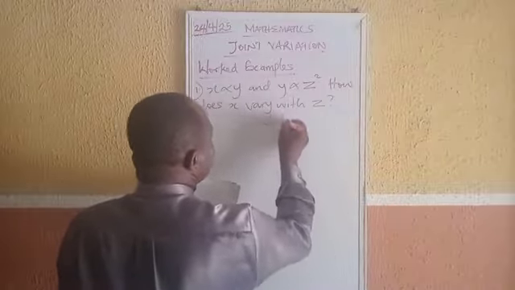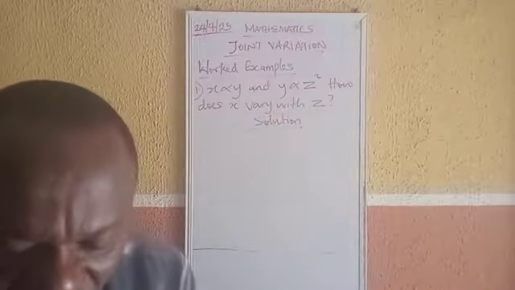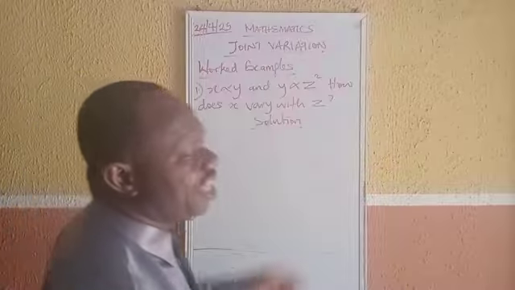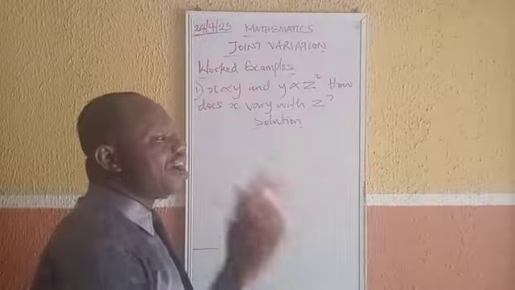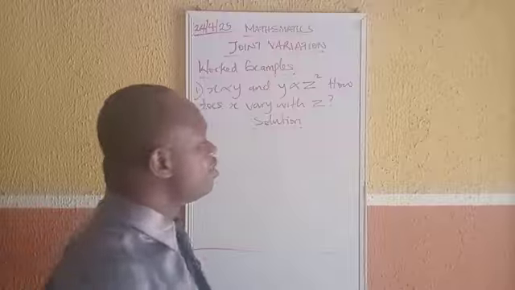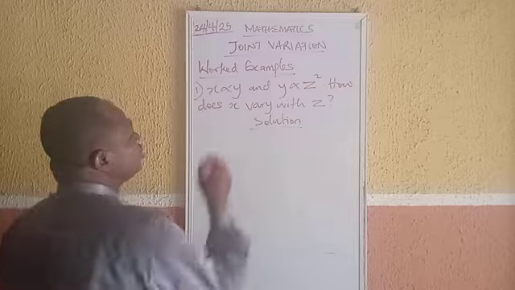Well, we can say this question is for fun. It's more or less a logical question. It's like saying if A is equal to B, B is equal to C, what is the relationship between A and C? Of course, we know that A will be equal to C. So it's the same thing here.